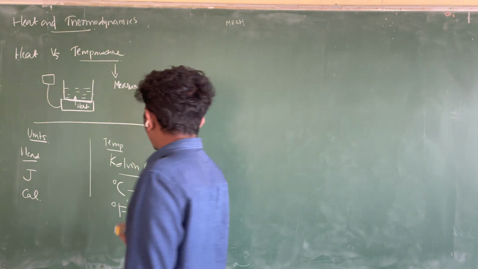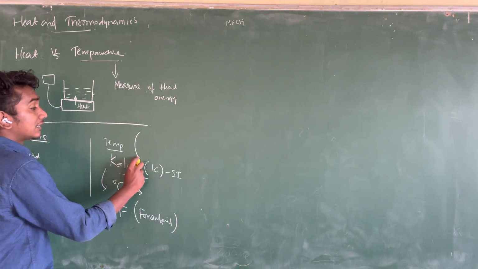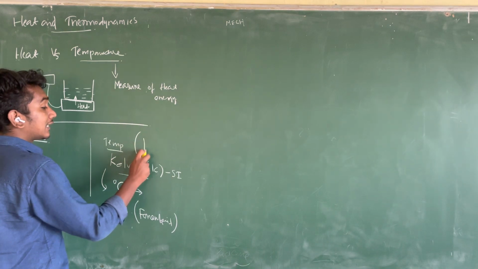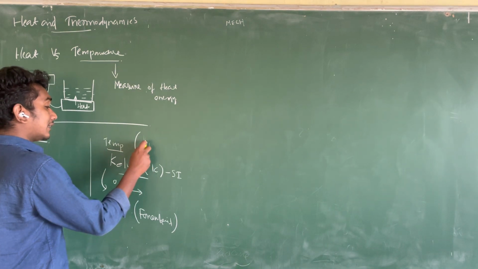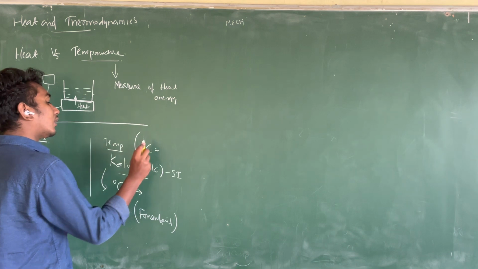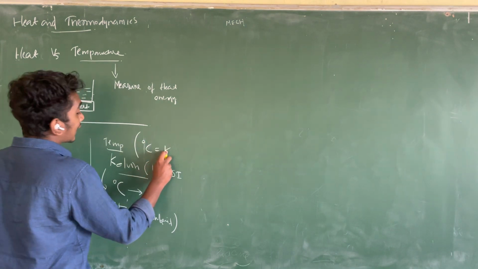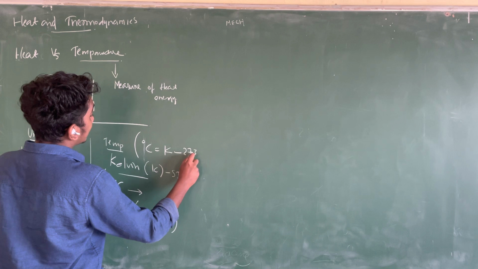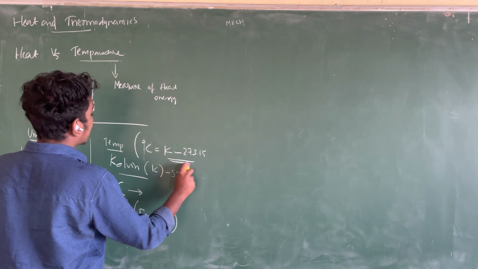And one relation we just have to keep in mind between Kelvin and degree Celsius. Degree Celsius is equal to Kelvin minus 273.15. That is the value.